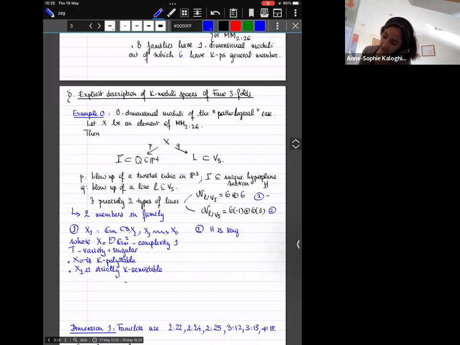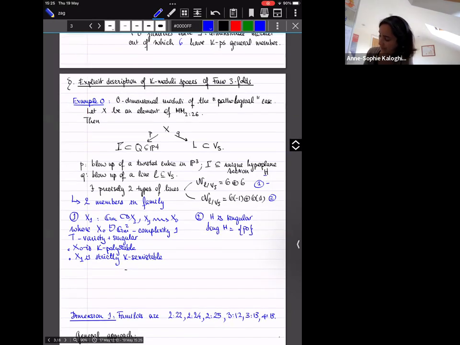It has exactly 1 singular point, which I call P0. And the automorphism group of X, here this is X2, has a non-reductive part, which forces X2 to not be K-polystable.